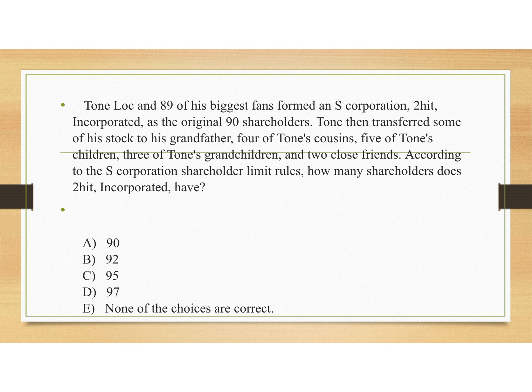So what do we know? Initially we had Tone Loc and 89 of his biggest fans. Then Tone transfers to his grandfather, still his family, 4 of his cousins, still his family, 5 of his children, 3 of his grandchildren, and 2 close friends.